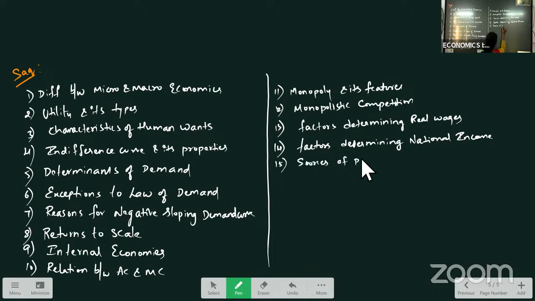Then sources of public revenue. Then items in public expenditure. Also, you have to prepare redemption methods of public debt.